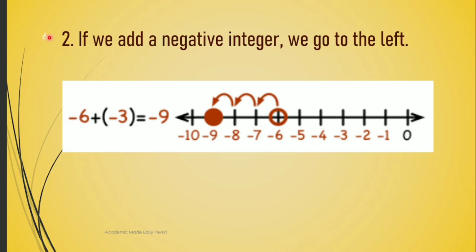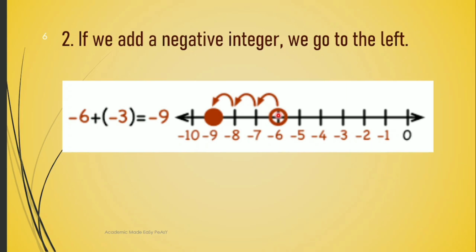That's it. And next we are going to see that if we add a negative integer, we go to the left. So -6 is a negative integer, and plus -3. We have a plus symbol, so we are adding a negative integer, -3. What will we get? Here, first, what should I do? I should point out this number -6 on the number line.